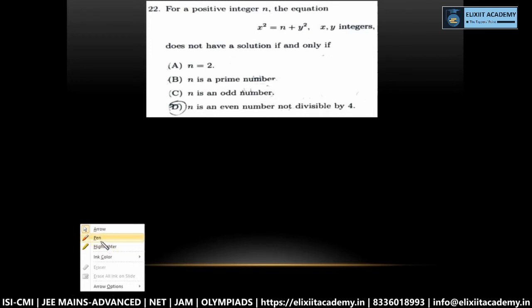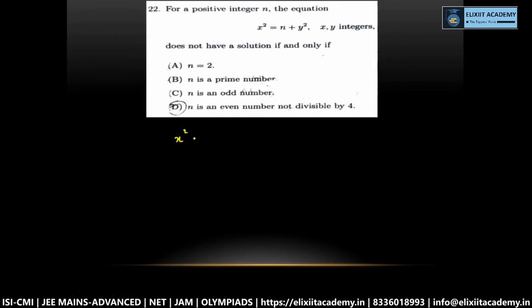First of all, we have x square equals n plus y square. So we can say x square minus y square equals n, which means (x plus y) and (x minus y) product equals n, right? Now a prime number and odd number will have no solution.